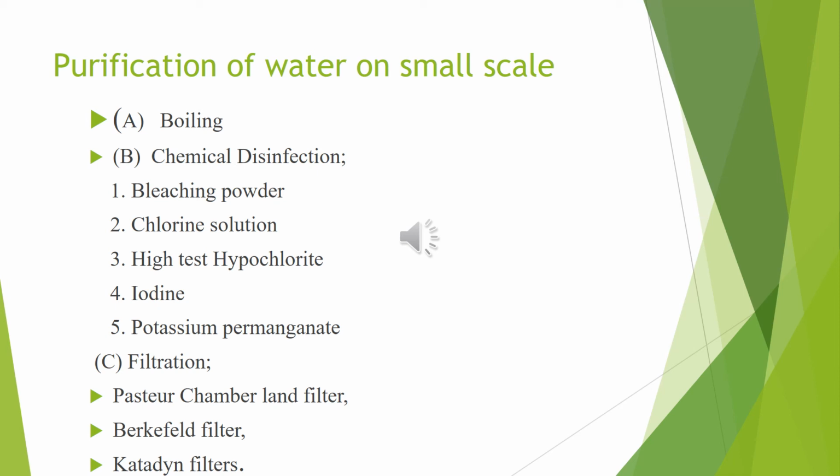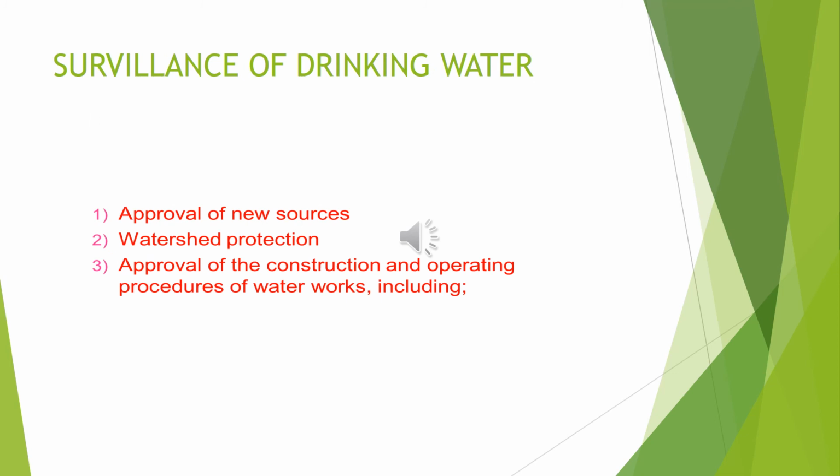Iodine is sometimes added, or tablets of potassium permanganate were also used previously. Another method is filtration, and the filters used are the Pasteur Chamberland filter, Berkefeld filter, and Katadyn filters. All these methods are used for the purification of water on a small scale.